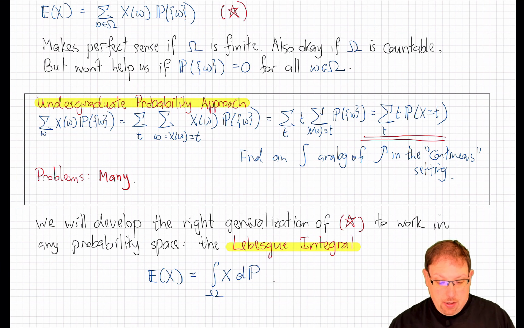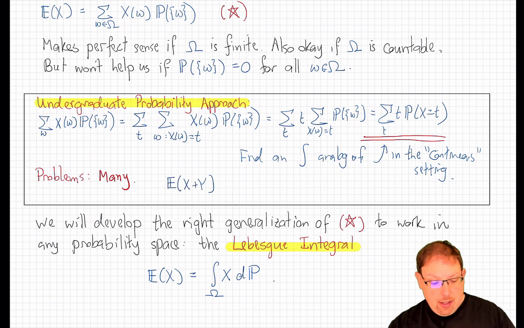In particular, one nearly immediate fact from the original definition of expected value in this discrete setting is that it is a linear functional. If I have two random variables, then the expected value of their sum is the sum of the expected values. That is actually pretty hard to see from this definition.